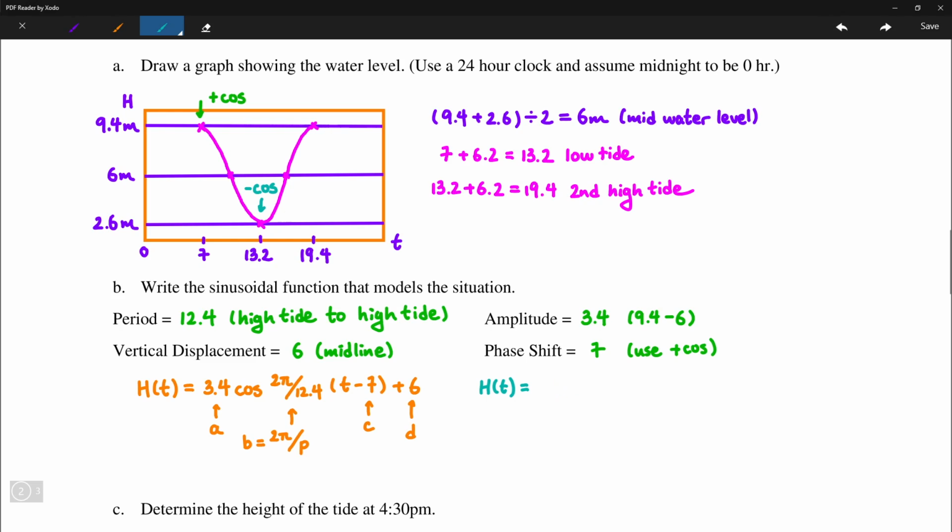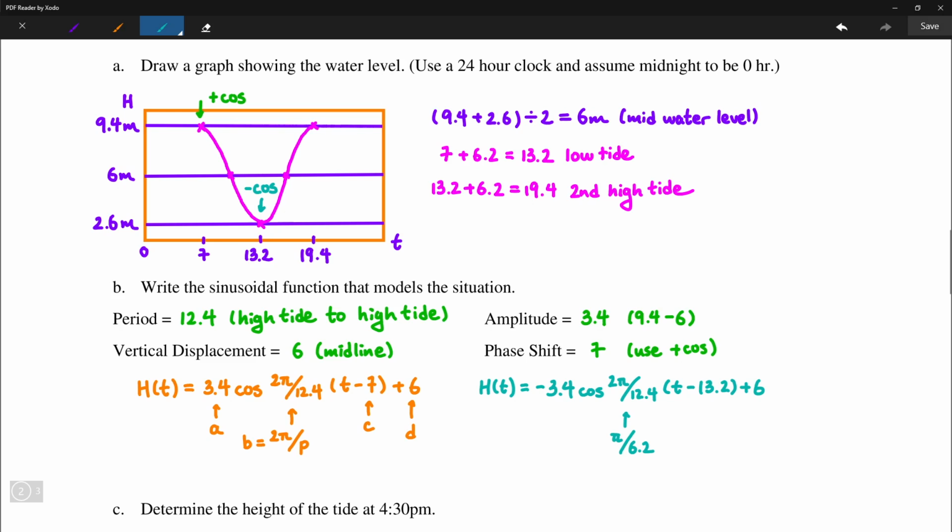We want negative cosine, so this would be negative 3.4, and then cosine, and then 2 pi over 12.4, and then t minus 13.2, and then plus 6. Another note here is generally we can simplify this to just pi divided by 6.2, or leave it as 2 pi divided by 12.4. Those two values, of course, are equivalent to one another.